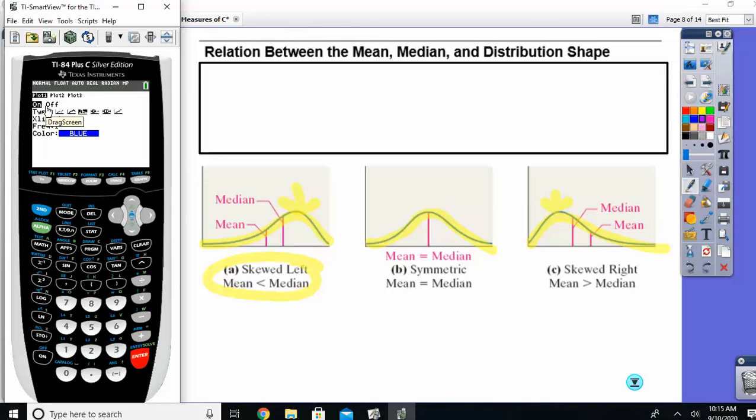And then go into your plot 1. You have to turn it on. And then you want to select on your type. We want the middle one, the bars. And just to make life easy, if you go to Zoom and number 9, that's ZoomStat. It goes ahead and takes my calculator to where my data is.